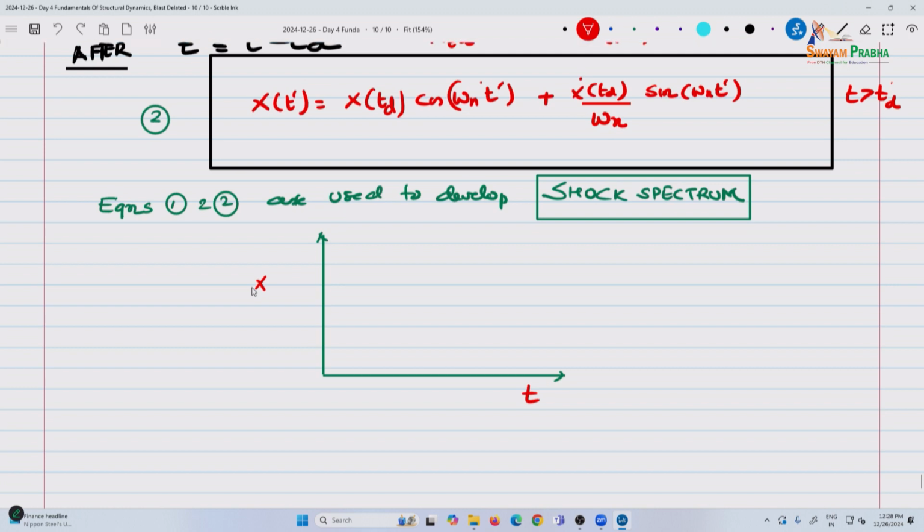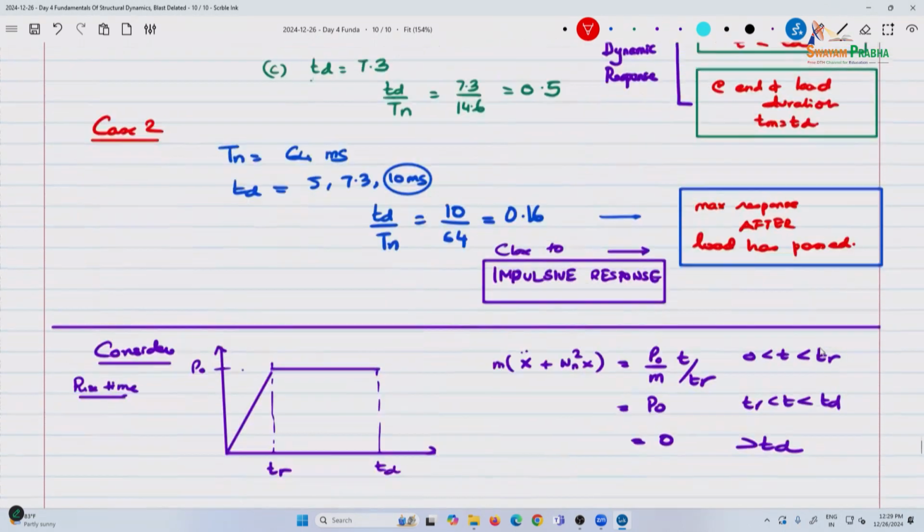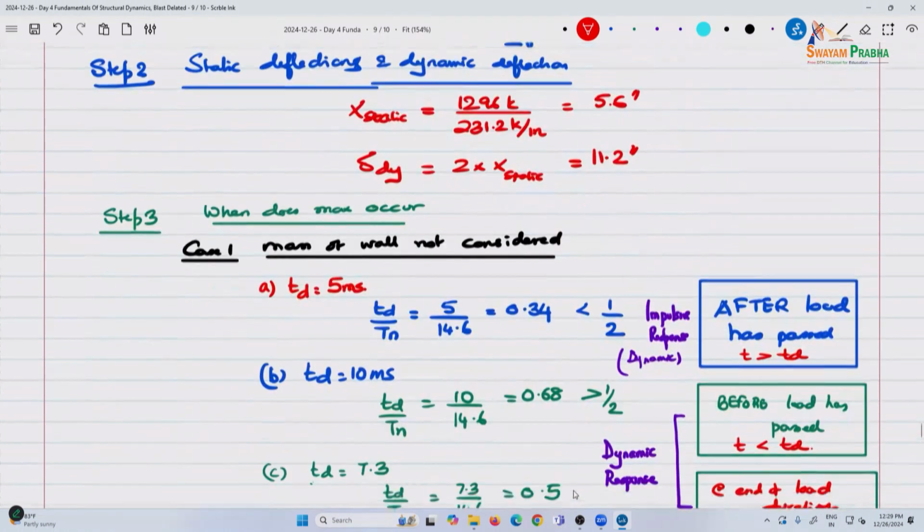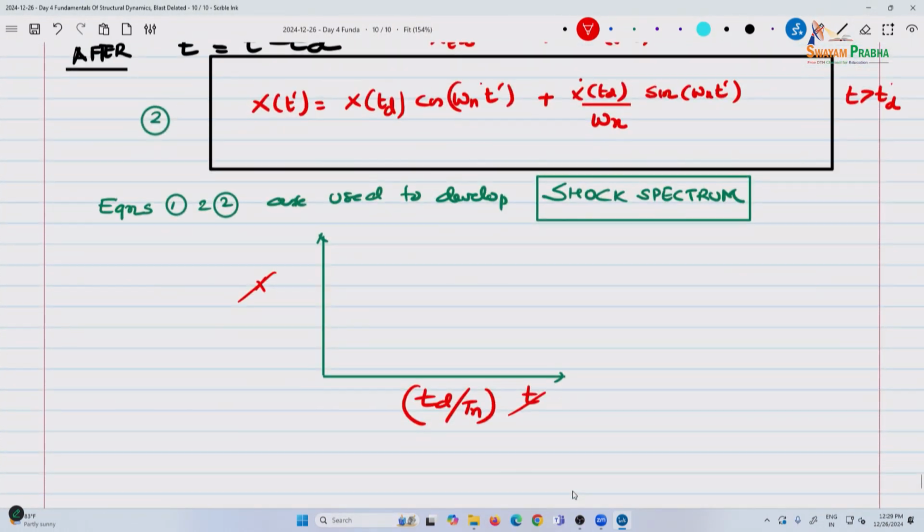That's the first thing we talked about, right? TD by Tn, right? So now you're representing, in this example, for a particular TD by Tn. In this case, of course, all of it is constant. What would be the y-axis?